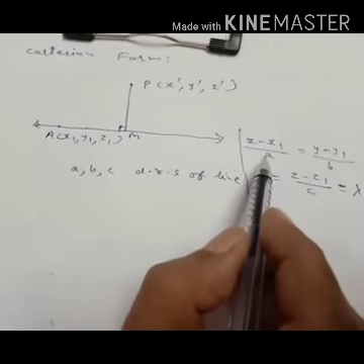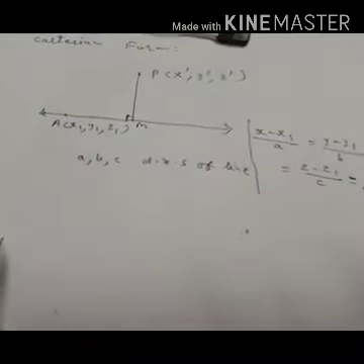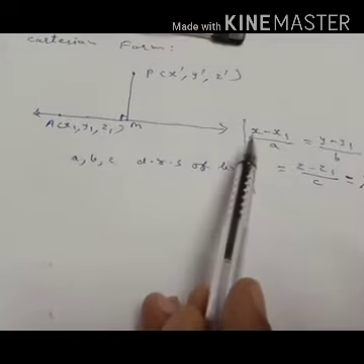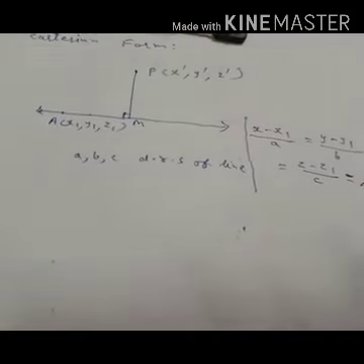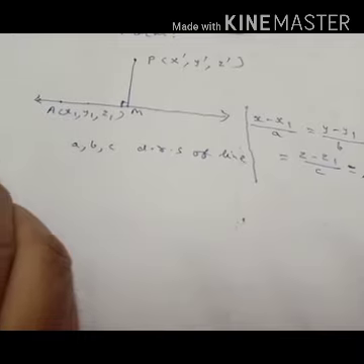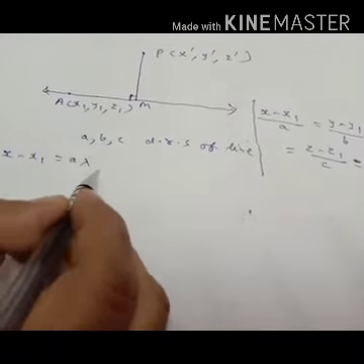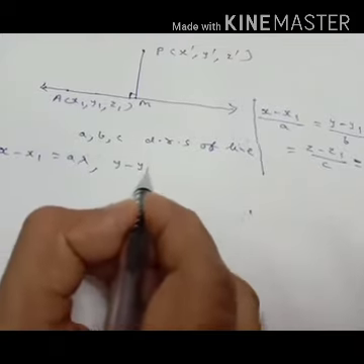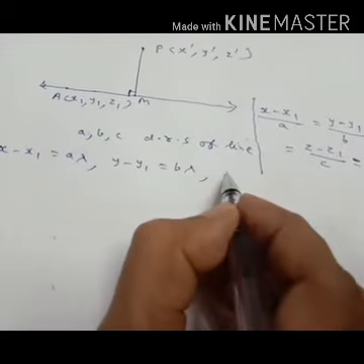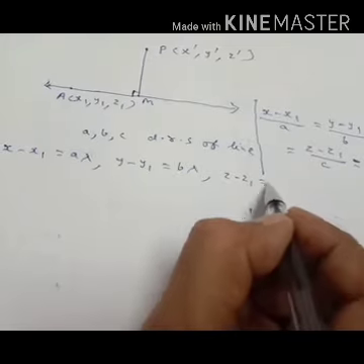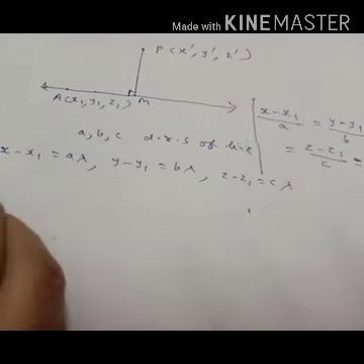Suppose the value of each ratio is equal to lambda. Then we can write the values of x, y, z in terms of lambda. We get x minus x1 equal to a lambda, y minus y1 equal to b lambda, z minus z1 equal to c lambda.